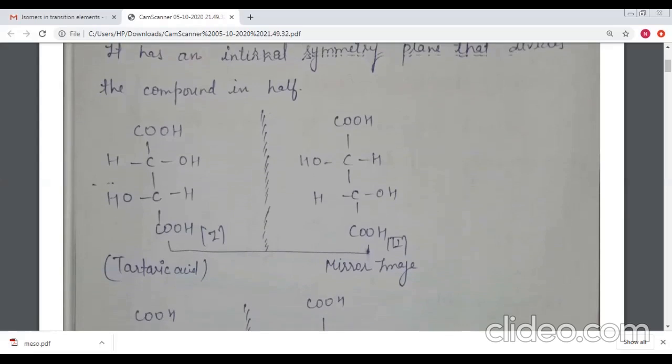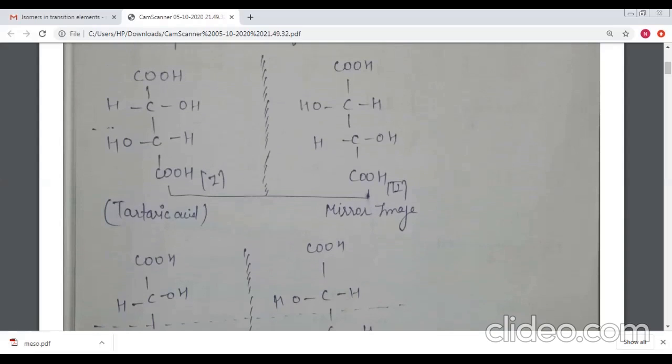Here we take the example of tartaric acid. Structure 1 is the tartaric acid and structure 2 is the mirror image of the first structure. So we can say that structure 2 is the mirror image of structure 1, or that they are enantiomers.